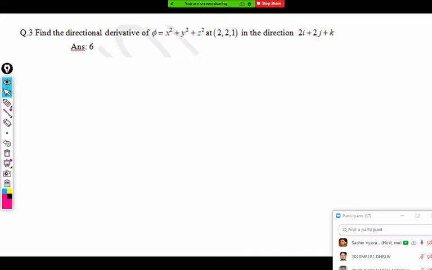So here is the third question. It is straightforward, one of the simplest questions. Step 1, we should calculate del phi.